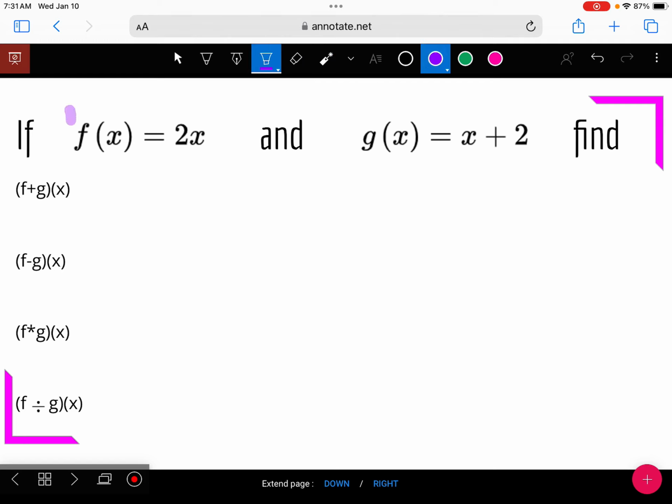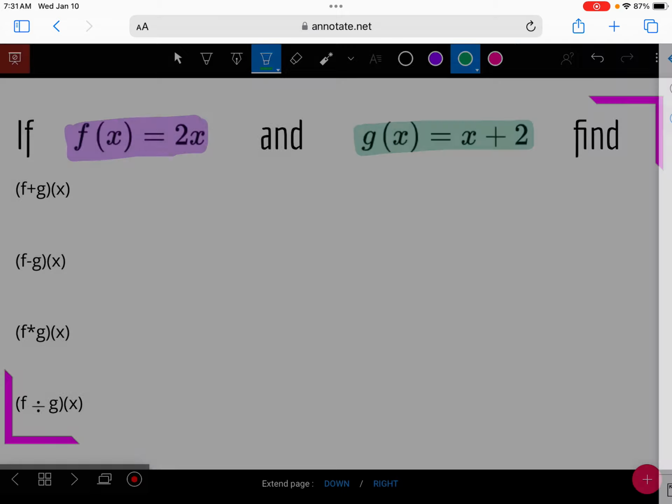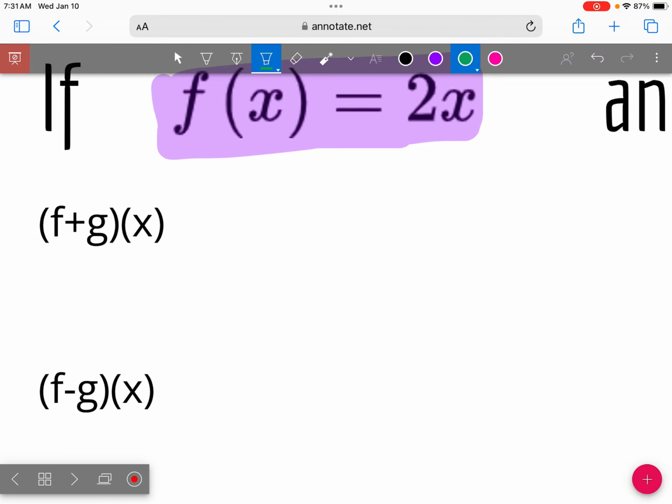So, f of x is 2x. Let's make it purple. And I'll do g of x in green. We're going to start with doing f plus g of x.